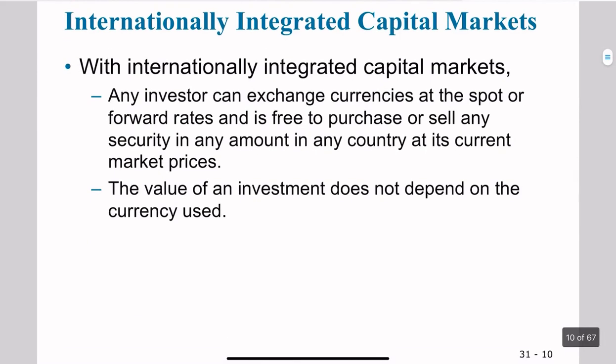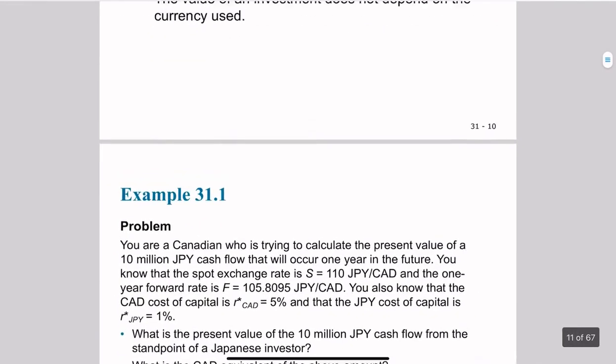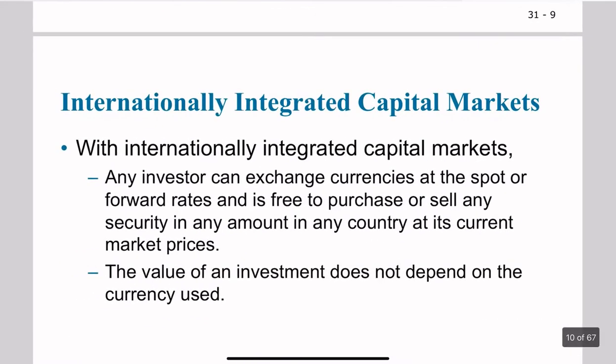Okay, so to summarize, basically with internationally integrated capital markets, that is, in this market, any investor can exchange currencies at the spot rate or forward rate. Again, don't get confused by the forward rate. It basically means your exchange rate is fixed in the future at the forward exchange rate.